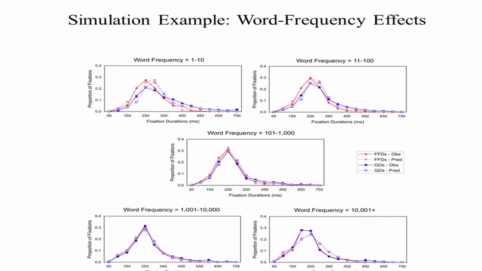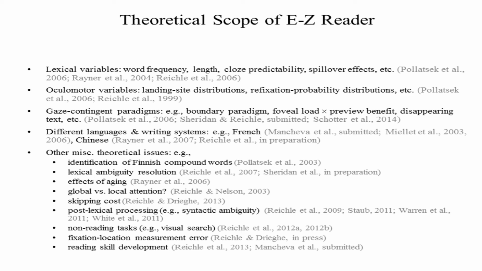Okay, so over the past 15, 20 years, I and my colleagues and other people have actually used the model kind of as a theoretical framework to examine a variety of issues related to the effects of lexical variables, so things like word frequency, length, predictability, the effect of oculomotor variables, including simulations of moving window type experiments that I talked about earlier, how different languages and writing systems influence eye movements during reading, and then a variety of other miscellaneous theoretical issues.